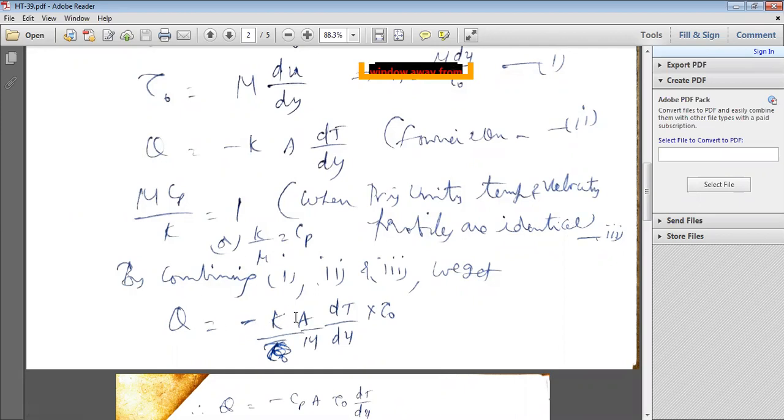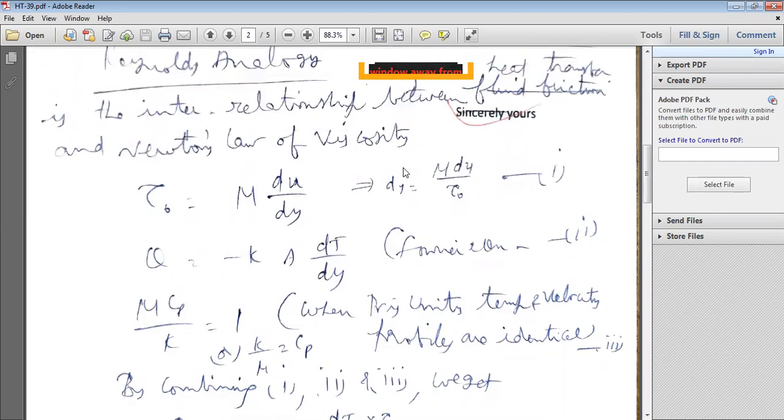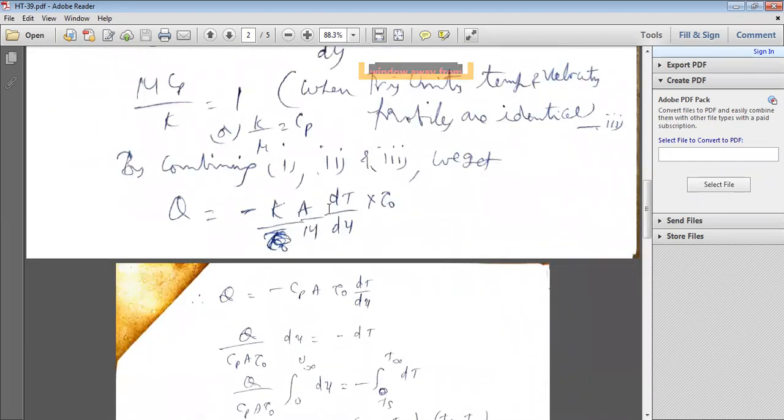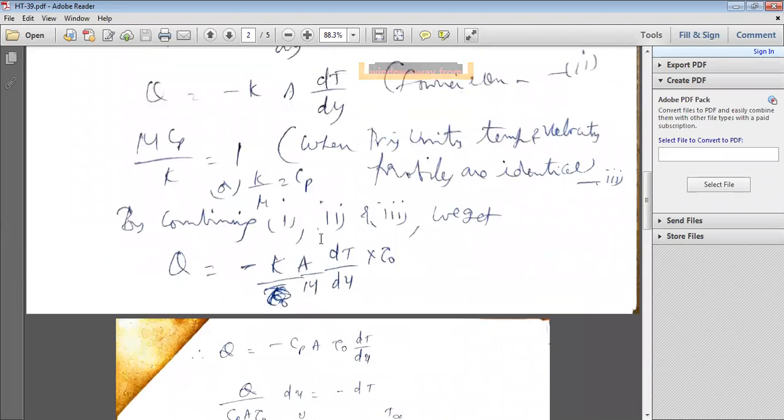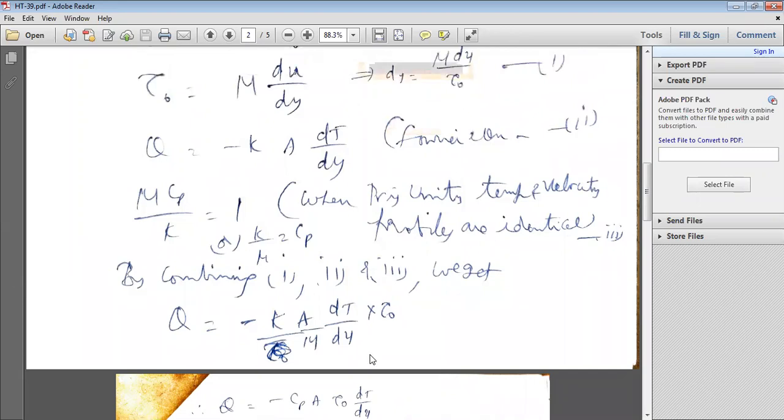Therefore, Q is equal to minus K A dT, but what is the dy value? Mu into du by tau naught.